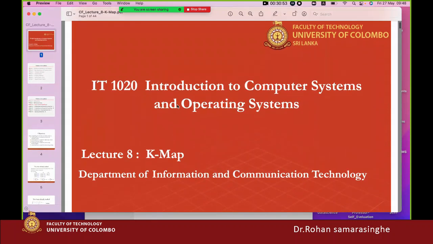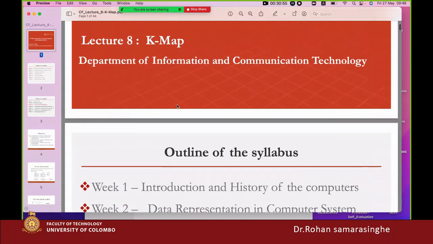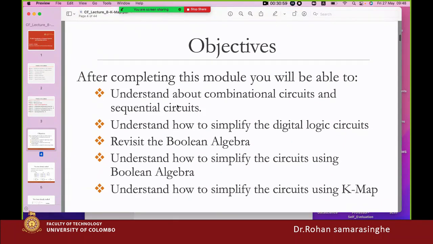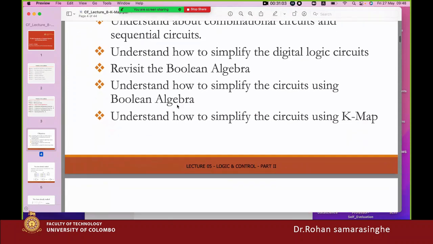K map, also Karnaugh map. I am not going to explain the history. Boolean algebra is the mathematical method to simplify circuits, but the K map is not a mathematical method.